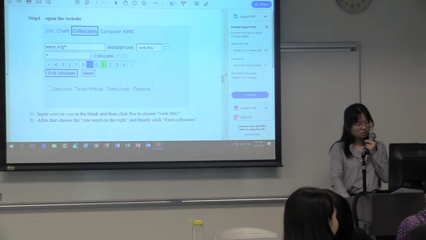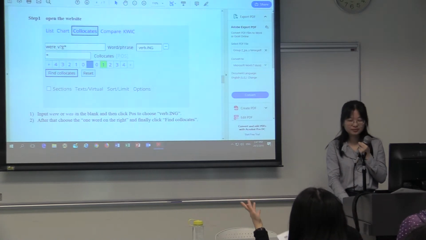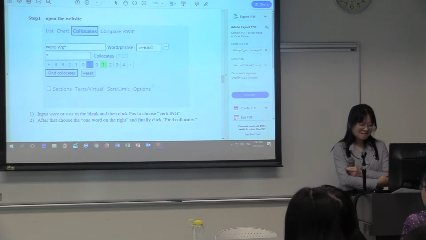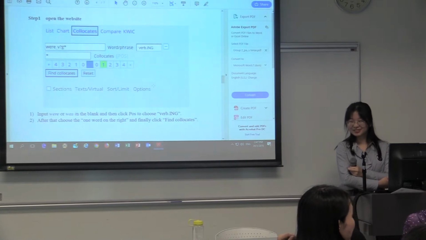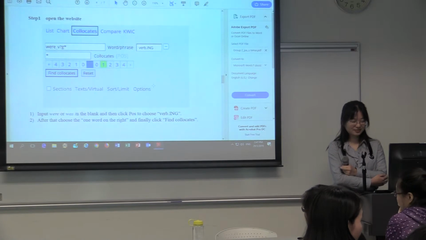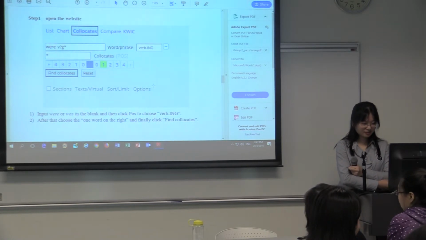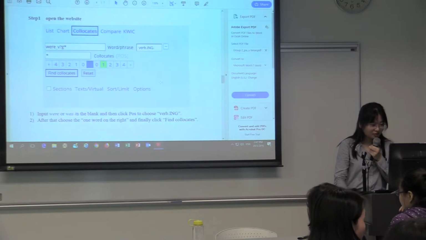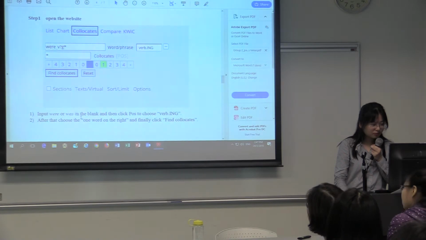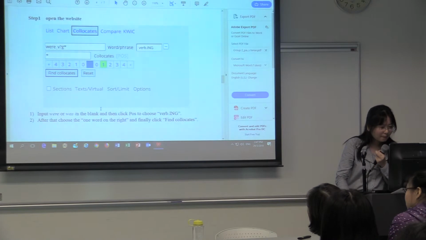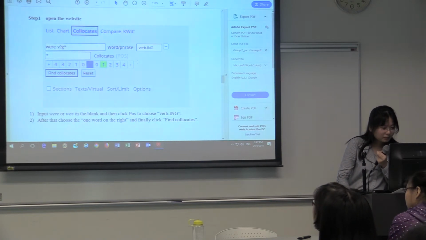So here, maybe you can give some comments about this part. So using the corpus tool, you would like them to find verbs ending with ing, the present participle. Is that right? Yes. And collocate with the one word on the right. So what's the purpose of this?